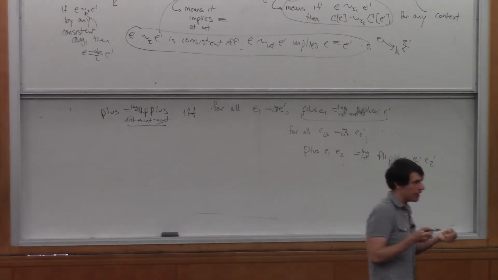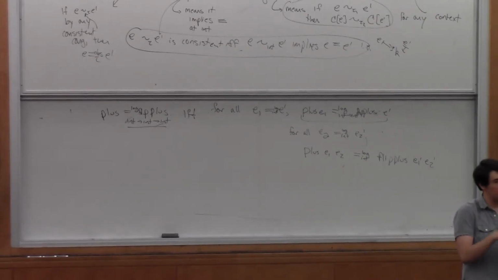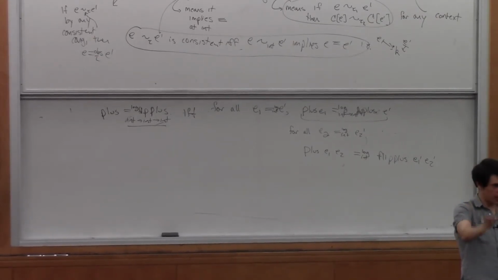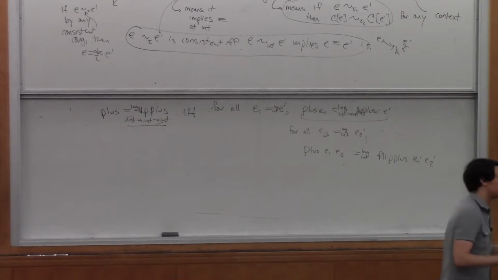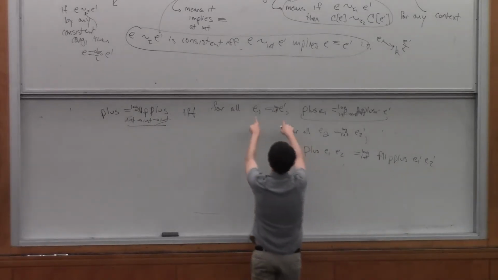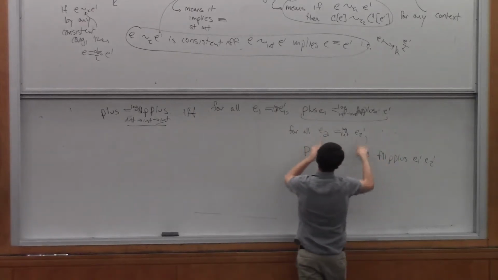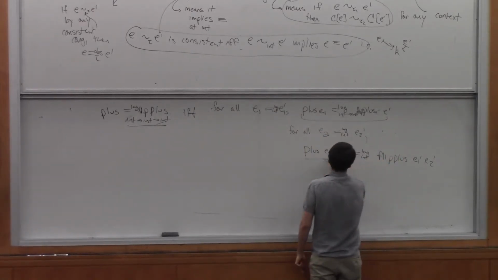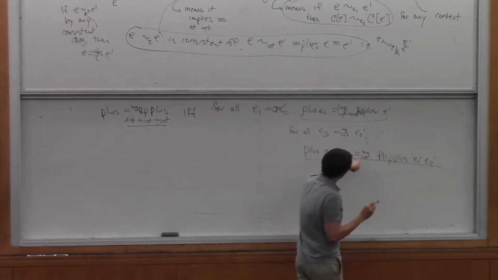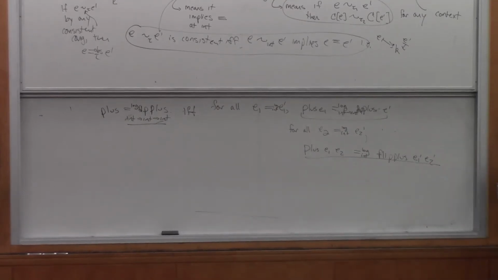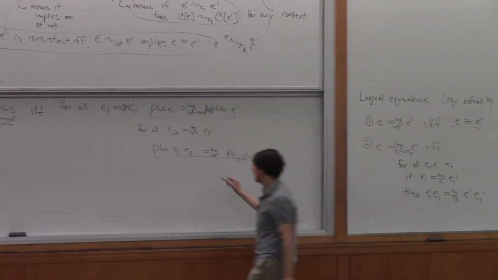So you see how I'm expanding the definition there? Every time you have an arrow, you say, assume I have two equal arguments, apply both sides, check that they're equal. We do that for the first argument to plus, and then for the second argument to plus. What is the definition of logical equivalence at int? Well, that's just Kleene equivalent.